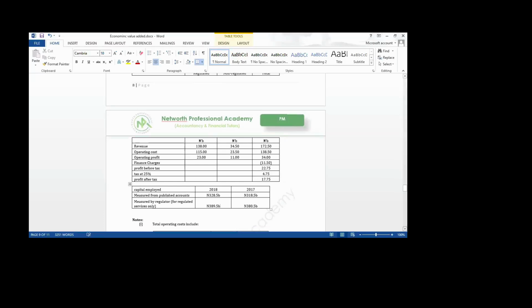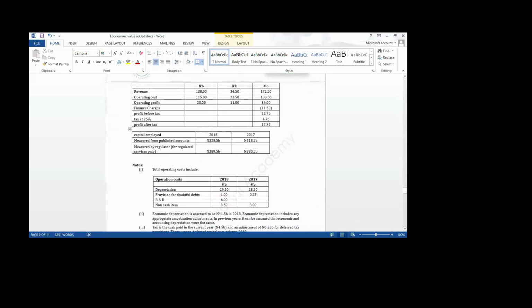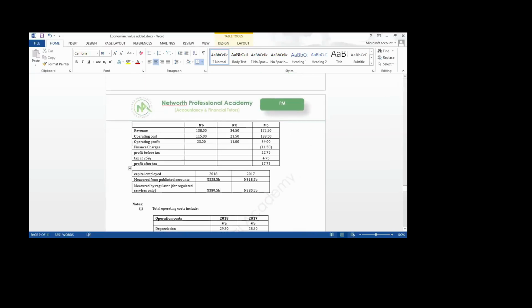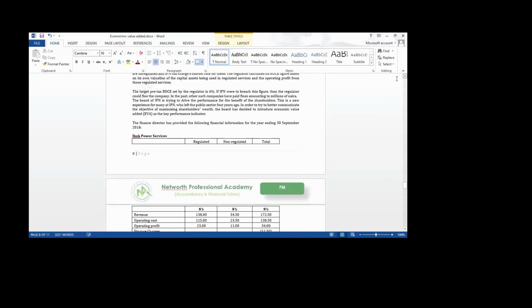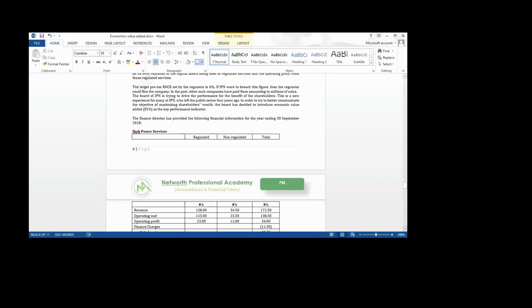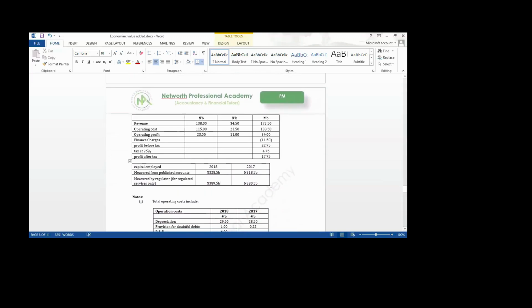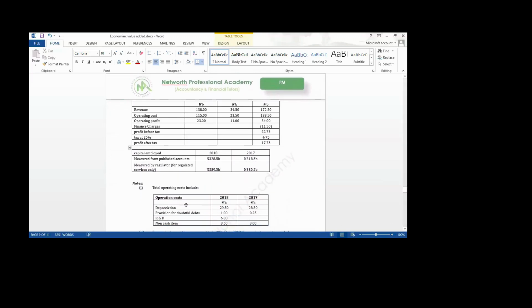Now notes to the accounts. I have 2017, 2018. But the income statement I have here is for when? It's just for 2018. Okay, let's go to it. Total operating costs include depreciation.